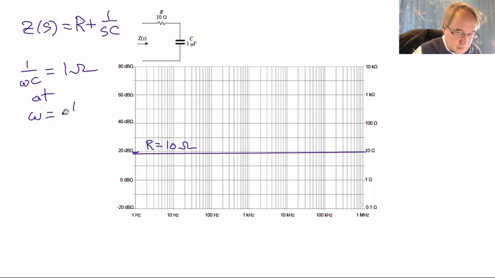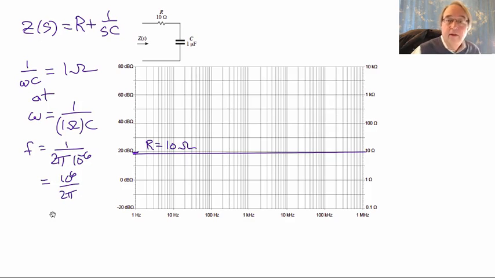Omega equals 1 over 1 ohm times C, or f, which is omega over 2 pi, would be 1 over 2 pi times 1 times C, which is 1 microfarad, or 10 to the minus 6 farads. So we get 10 to the 6th over 2 pi. 1 over 2 pi is 0.159, so this is 0.159 times 10 to the 6th hertz, or 159 kilohertz.